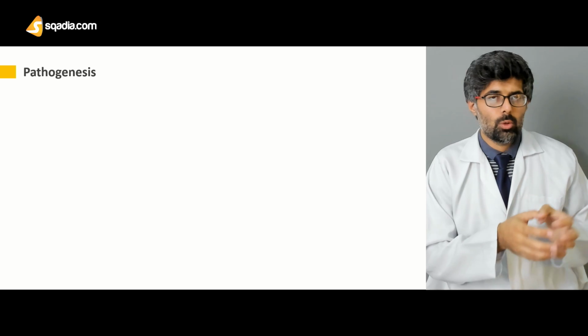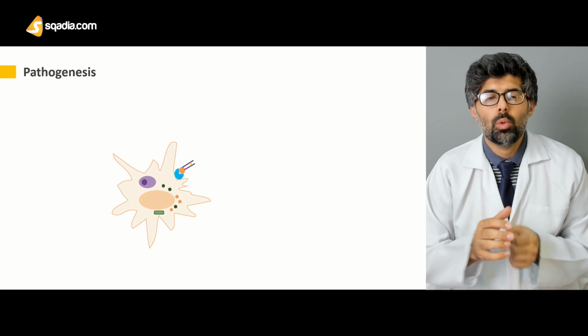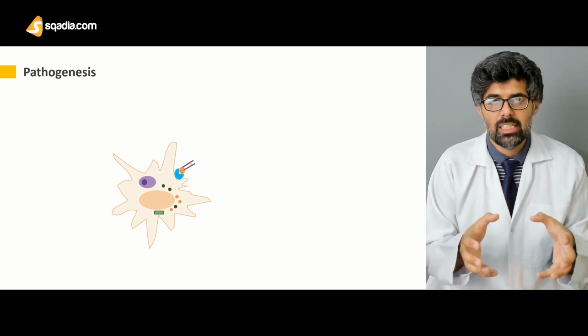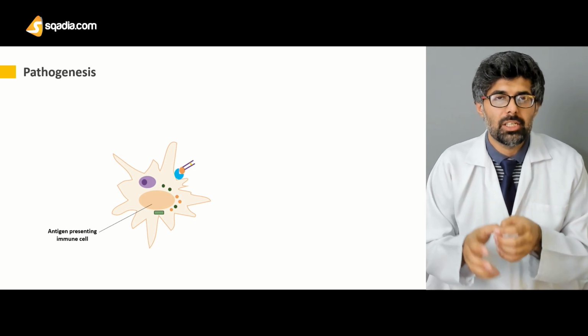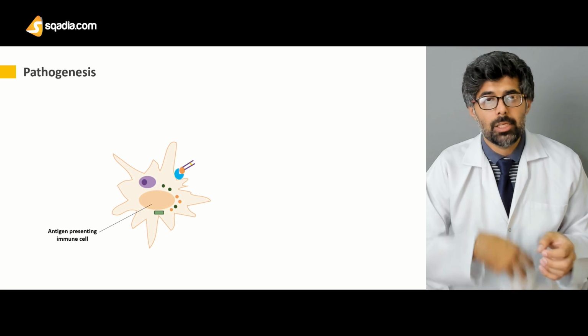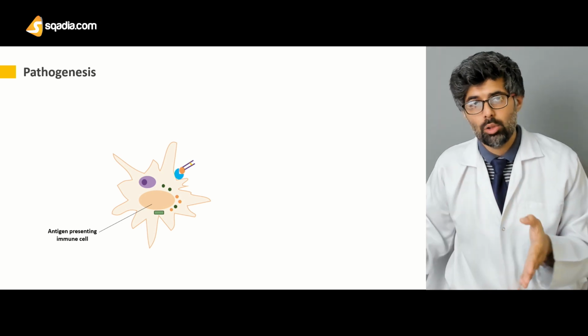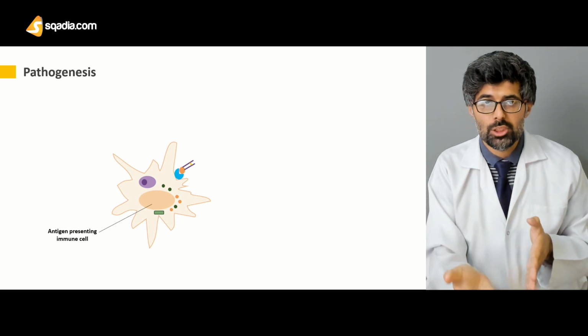Now let's talk about its pathogenesis. Now, as for the pathogenesis, what happens is that we have a cell, and this certain cell is known as the antigen presenting immune cell. Now, it is known as such because it presents the antigen, or the foreign body or a foreign molecule, to the immune system.